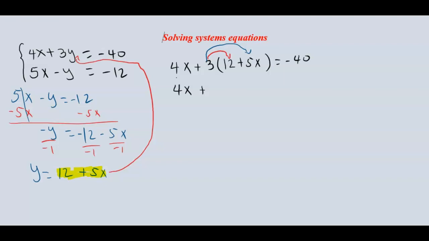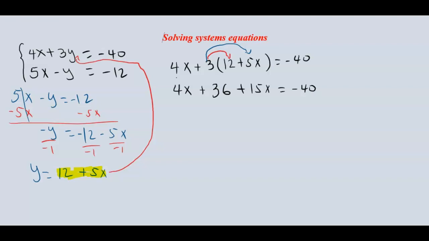So 3 times 12 is 36, and 3 times 5x is 15x, equals negative 40.